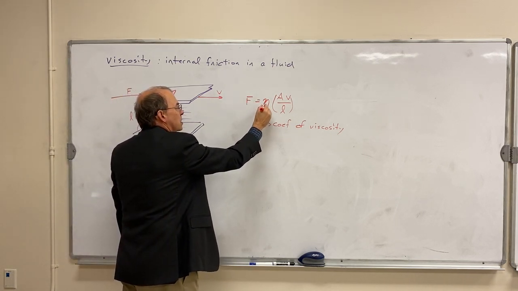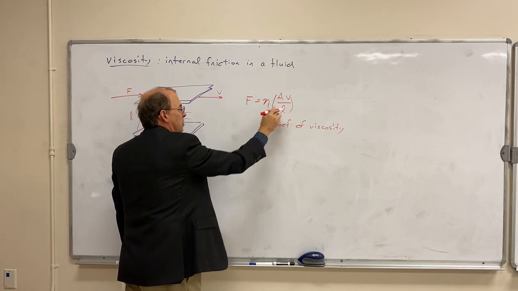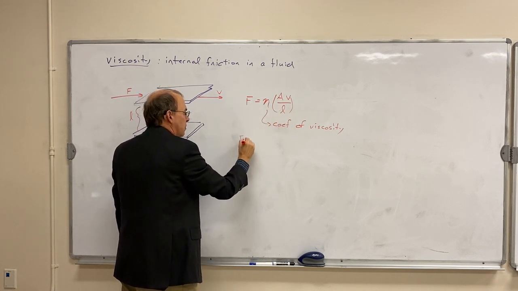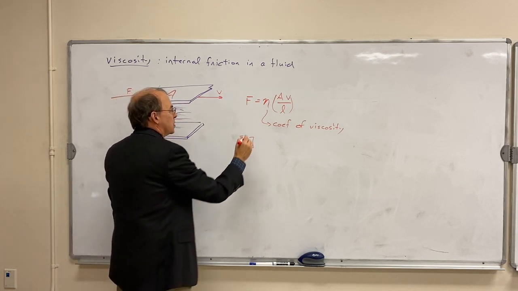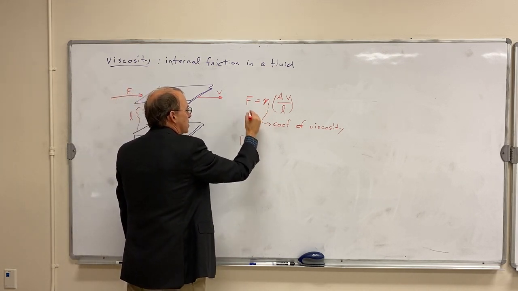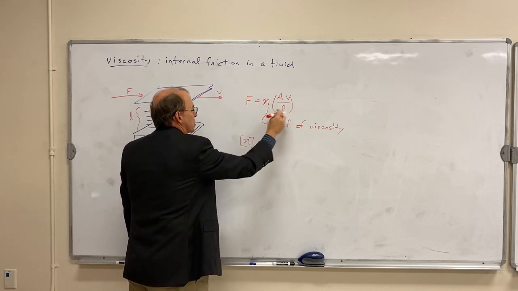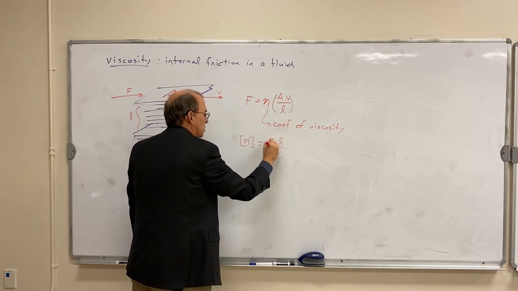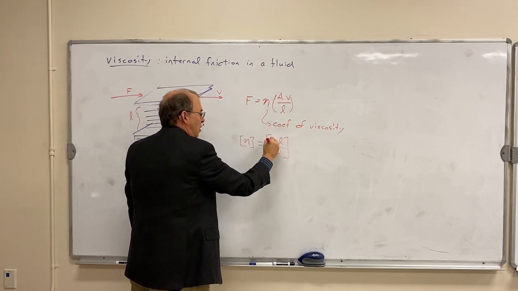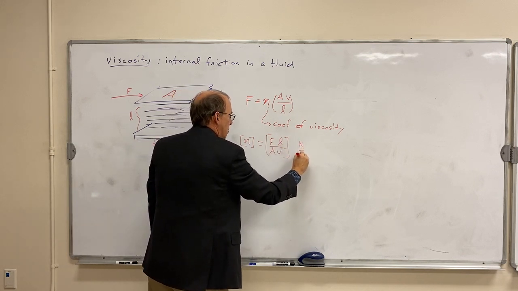To give it units, we need to make the units work out in this equation. So we know the units here, we know the units here. The units of viscosity, and I'm going to use brackets to represent units, have to match, so they have to be the same as the units of force times length over area times velocity. Force over area is Newton per square meter.